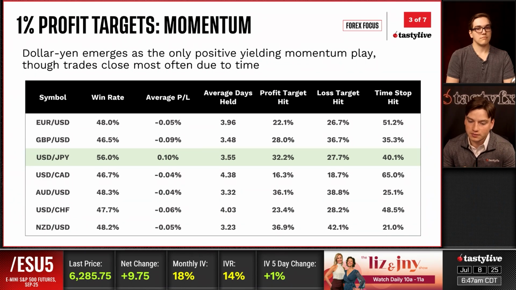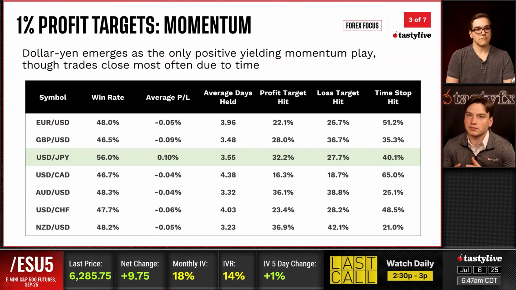So all of these are really important, but what stands out to me off the jump is the US dollar Japanese yen as the only real winner here for momentum plays, using these constraints, with the only one with a win rate over 50%, only one with positive average P&L.